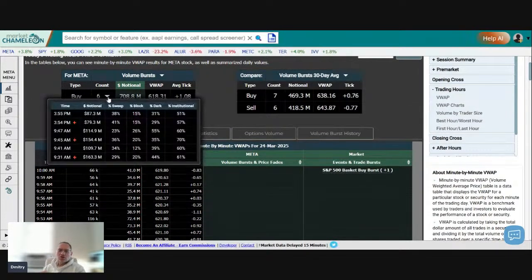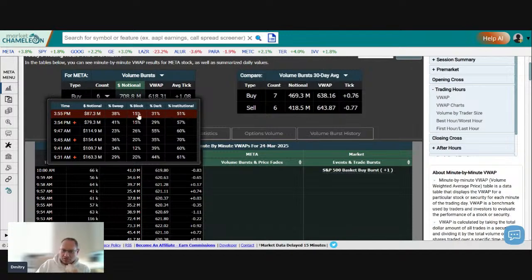When you click on it, we also have a breakdown of the total notional dollar value that traded in that minute. And within that minute, we have some stats. We have 38% of the volume were sweeps, 15% of the volume were block trades, 31% happened in a dark pool, 51% were institutional.